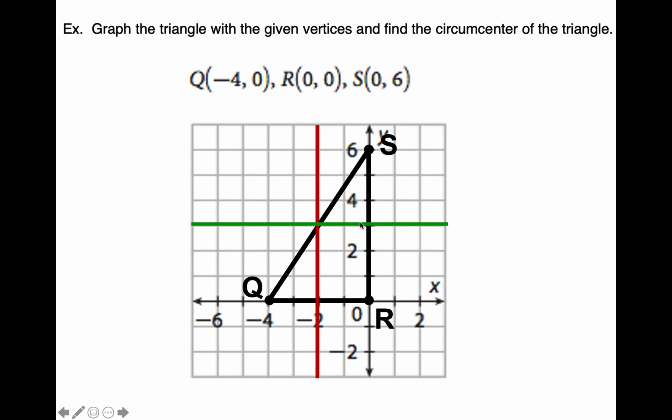That is the perpendicular bisector. Notice these 2 lines cross. Where they cross is the circumcenter. So the coordinates of that point, going back to 0, 0, it's left 2, up 3. So it's at negative 2, comma 3.